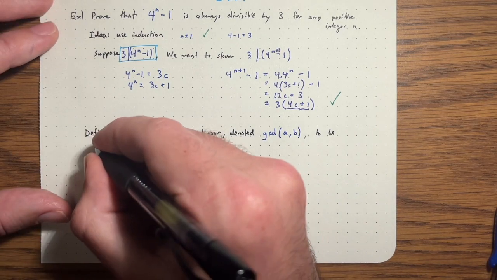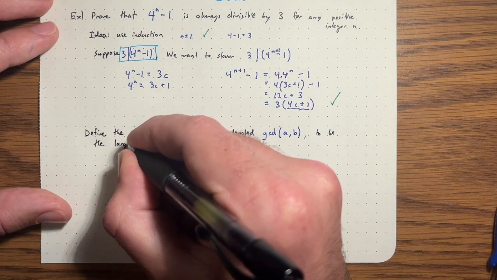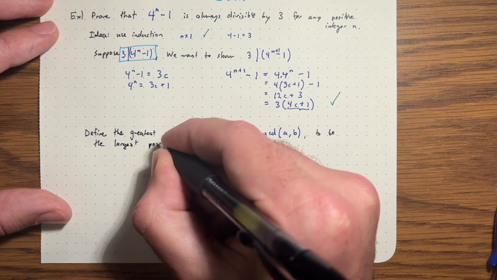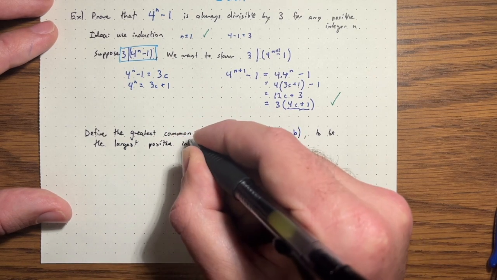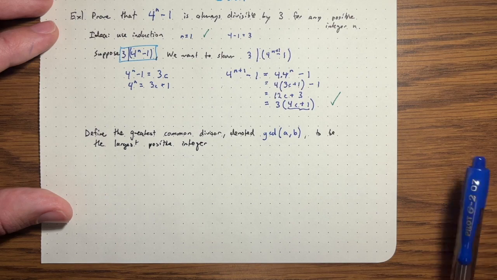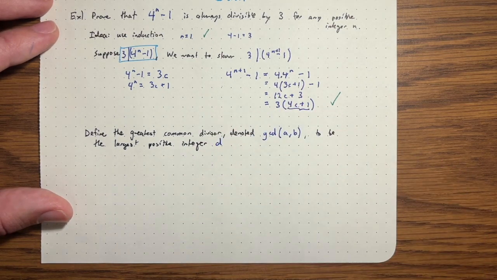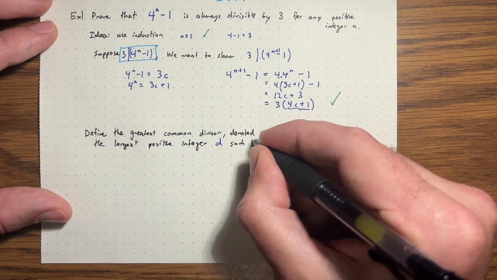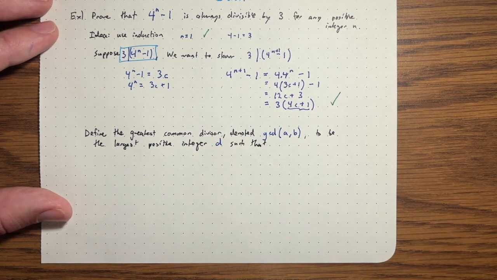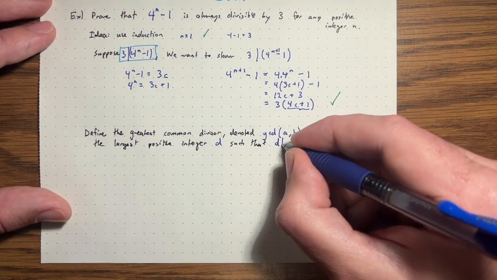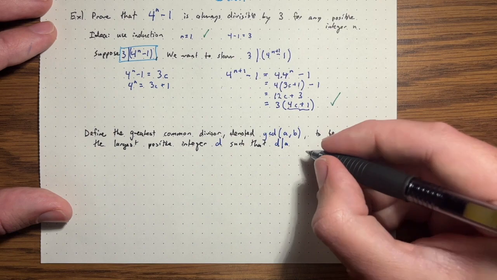The largest positive integer d such that d simultaneously divides a and b. So d divides a and d divides b.